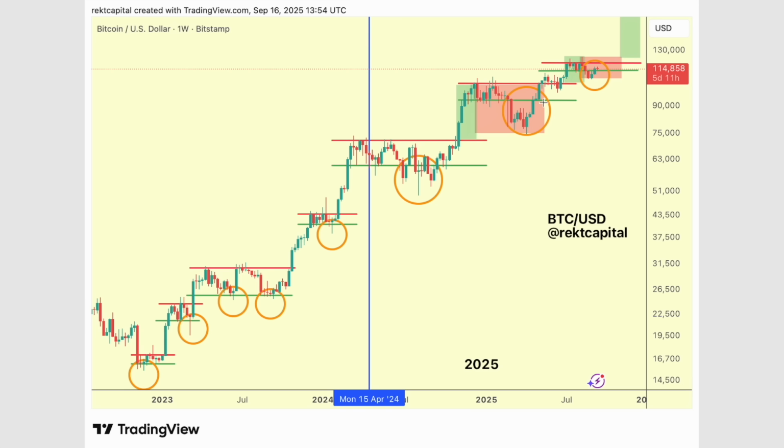But the thing about what we're seeing in this cycle is, of course, these pullbacks in the post-halving period have been quite large in terms of retracement depth, but also in terms of how long they've lasted. But over time, we've seen this shrink, not just in terms of time, but also in terms of retracement depth. And this has been going on progressively over the course of the cycle.